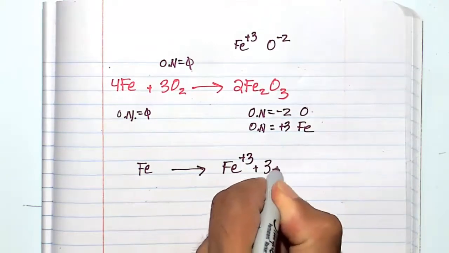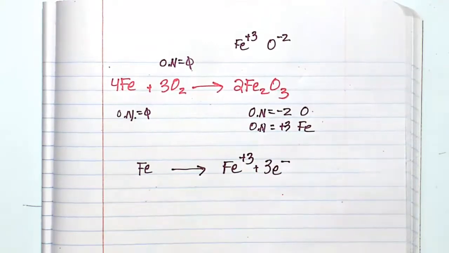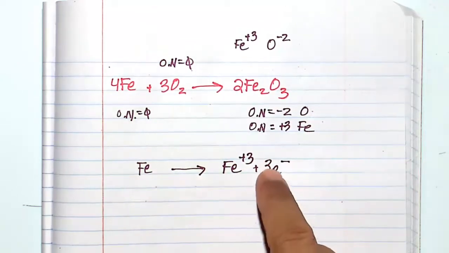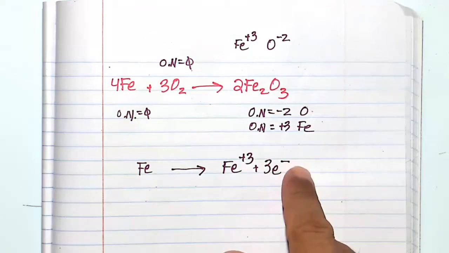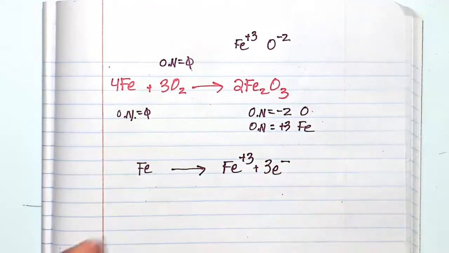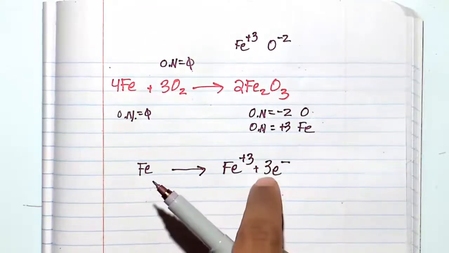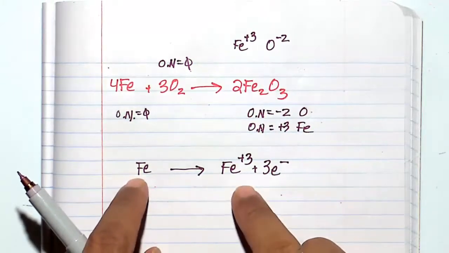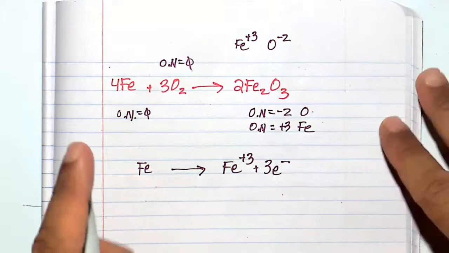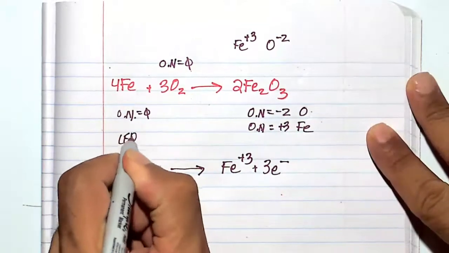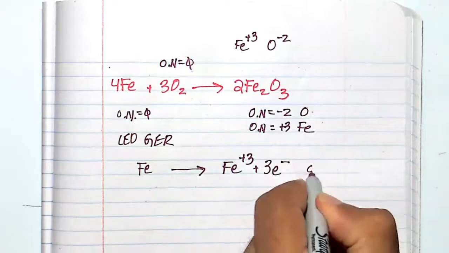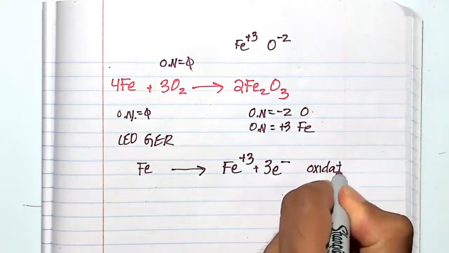So this will be balanced with 3 electrons. The charge here is 0. Plus 3 plus a minus 3 is 0. So here we have 3 electrons lost. The way you want to think about this is that iron, in order to become iron plus 3, lost 3 electrons. And remembering LEO GER, losing electrons is oxidation. So this is an oxidation half reaction.